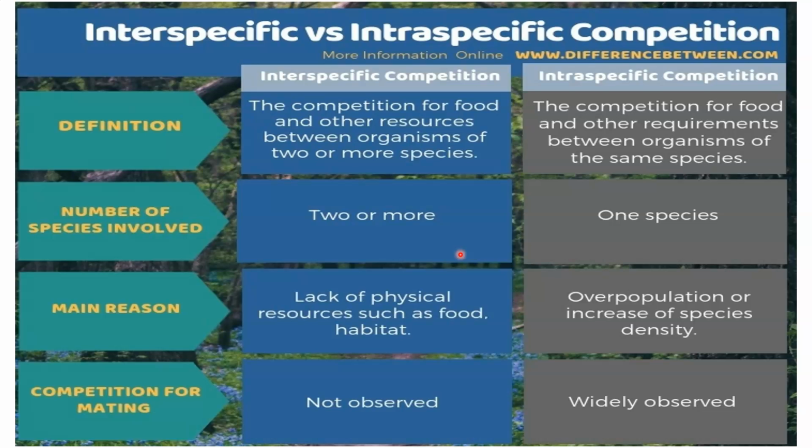And then competition for mates, I earlier mentioned that, right? It is observed among intraspecific status. Interspecific competition, well, there is interspecific mating happening in certain cases, and in very strange circumstances there is evidence for competition, particularly when invasive species are trying to mate with native species.